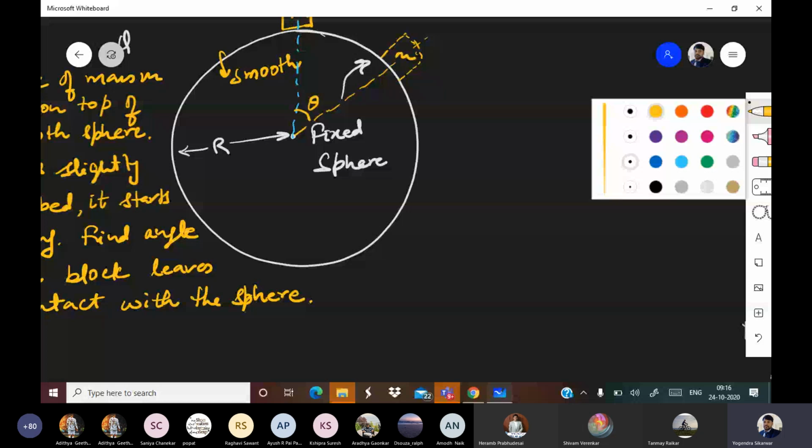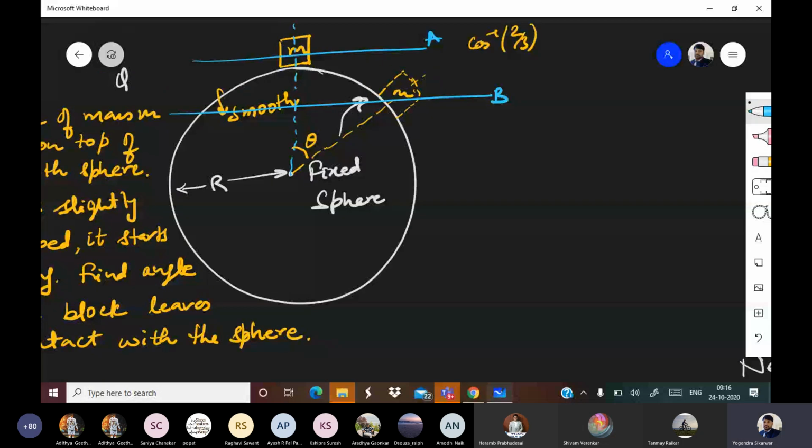So, applying MEC between point A and B. A is here, B is here. So by MEC, we can consider any point as reference line.